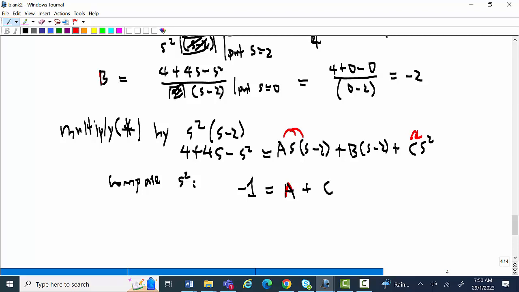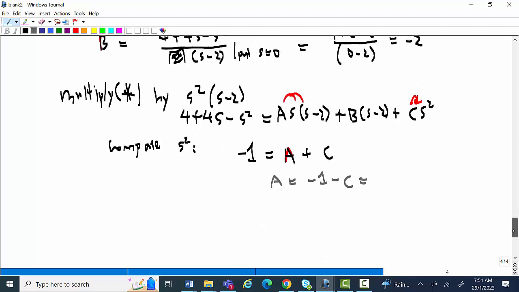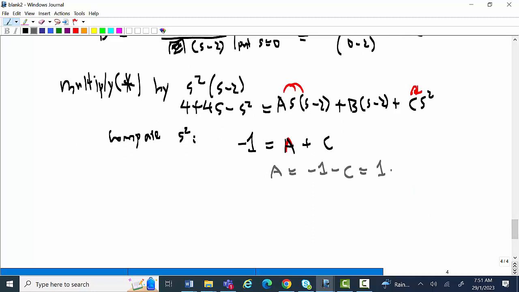By comparing s squared, I know what A is now. So A is equal to minus 1 minus C. But what is C? We found out earlier C is equal to 2. So it's minus 1 minus 2, so minus 3.